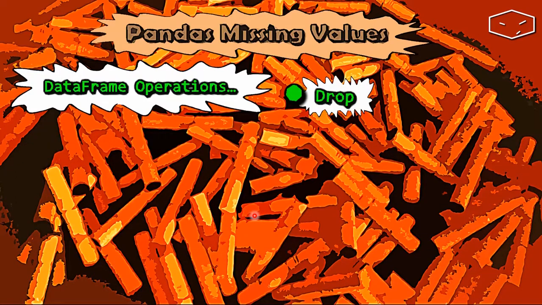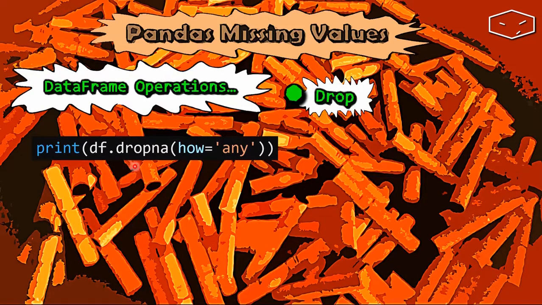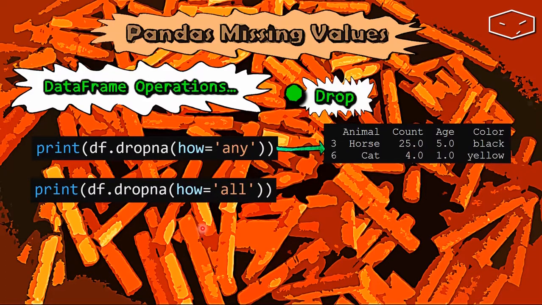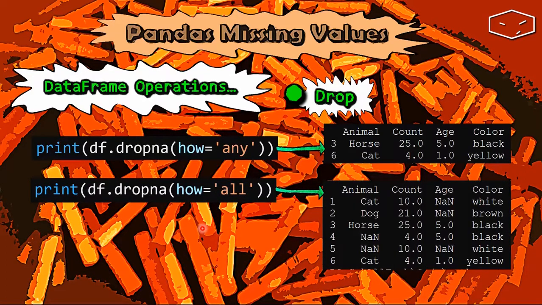About the drop operation, we can use the dropna with the parameter how we will drop the values, and we have the option any, which means that we will drop all the rows where it finds at least one column with a missing value. Also, we have the option all, that will drop all the rows where we don't have any value at all.